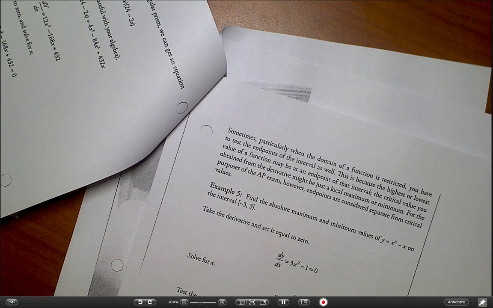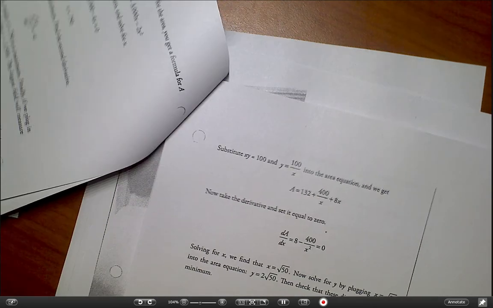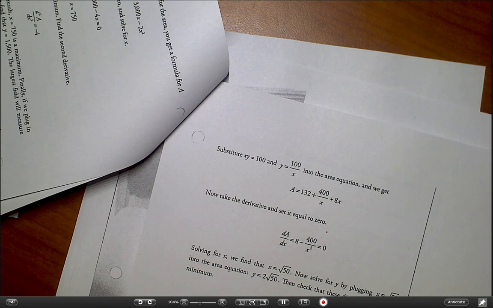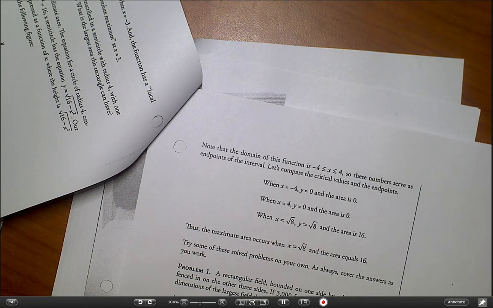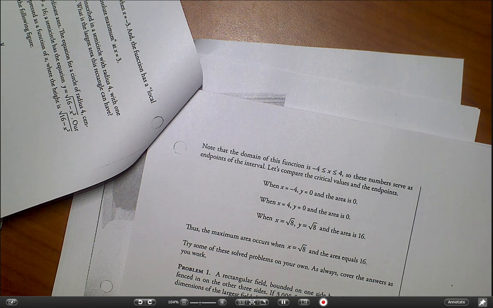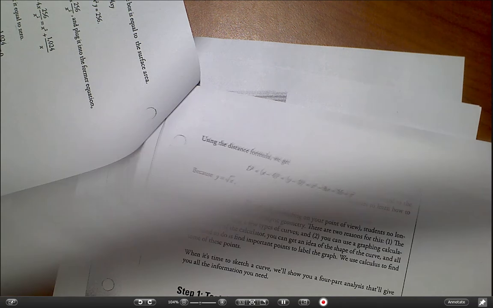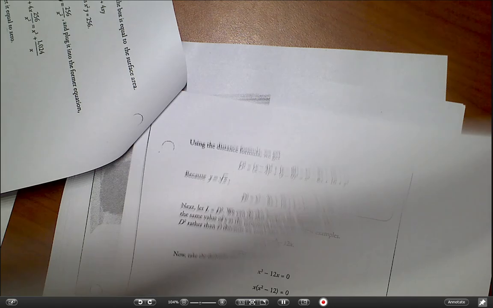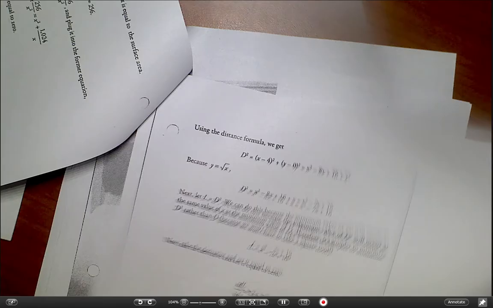Where was the other one? There was another one I wanted. Where did it go? I think the related rates are on the next one.